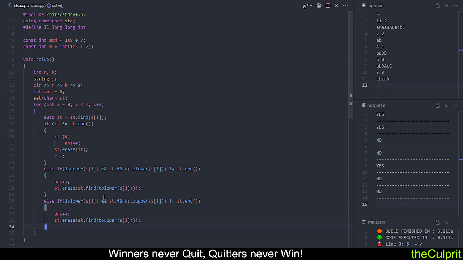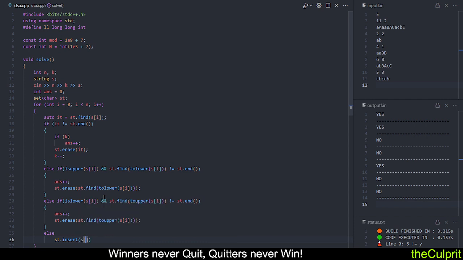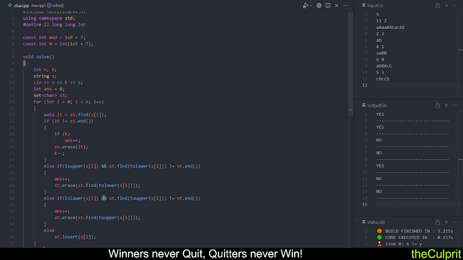Okay, I find the same match. Else if I don't find anything, just insert it. Finally, I can print out my answer.